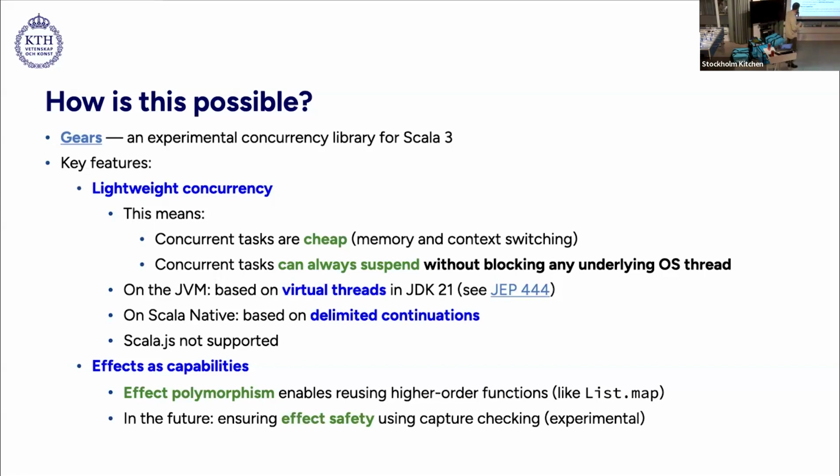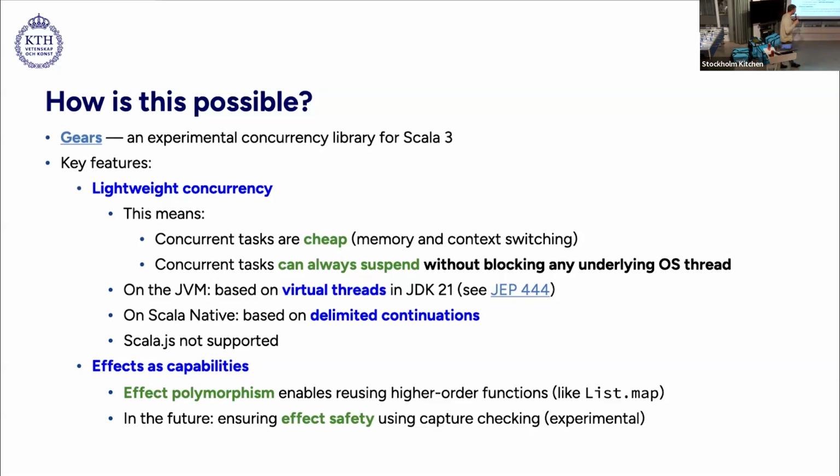Moreover, it's possible to enforce so-called effect safety, which means that the compiler can check that whichever effects you have, they will be handled. You might know this from checked exceptions.